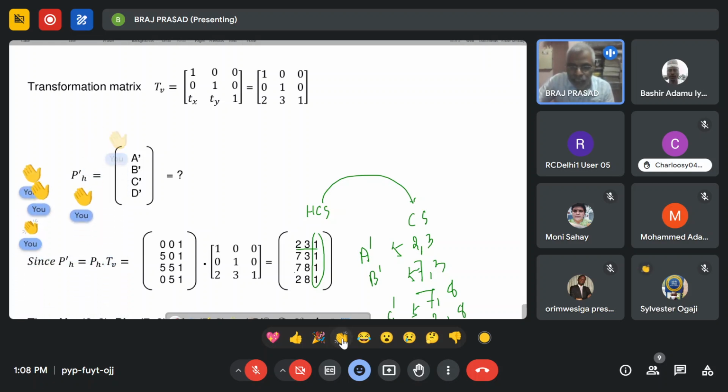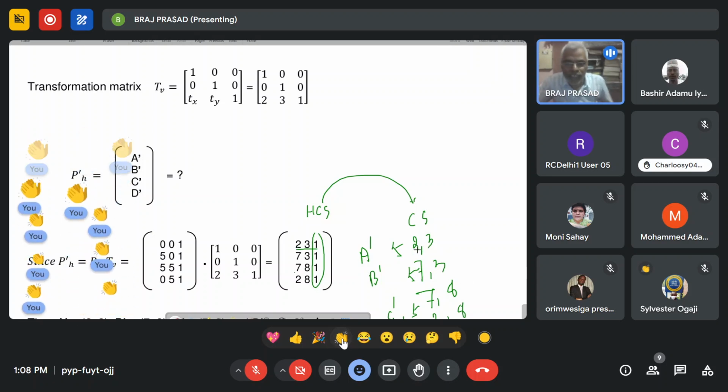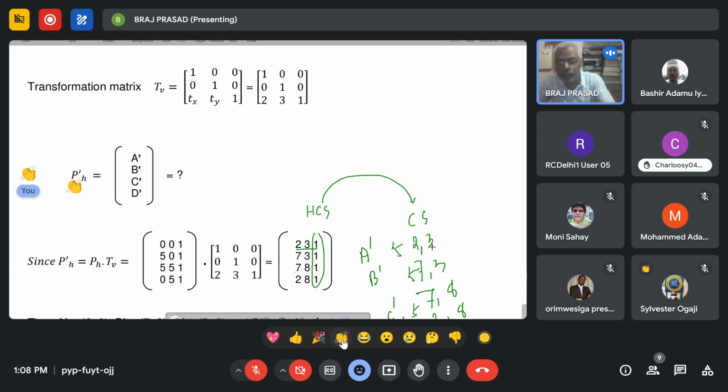You can compare this value with the manual calculation. The value of A dash is 2 3, you can see.